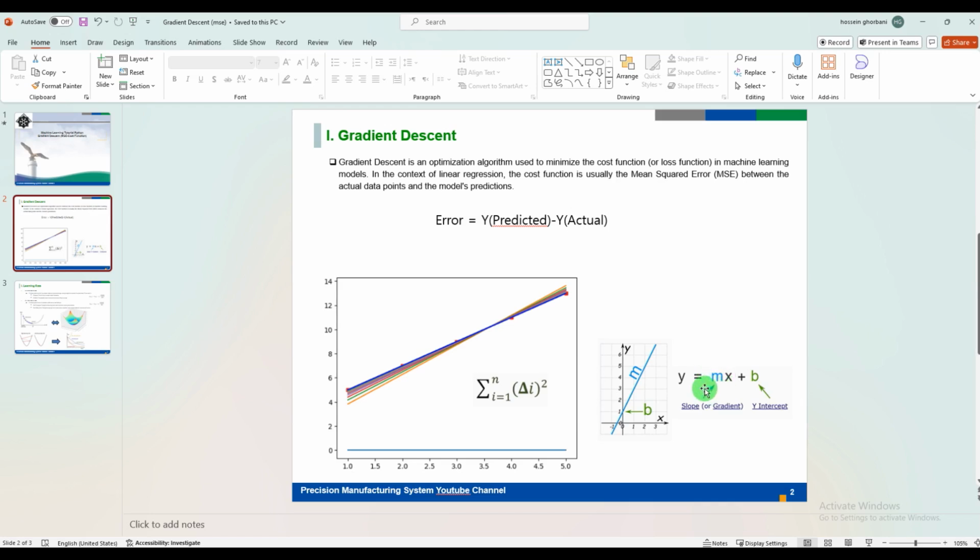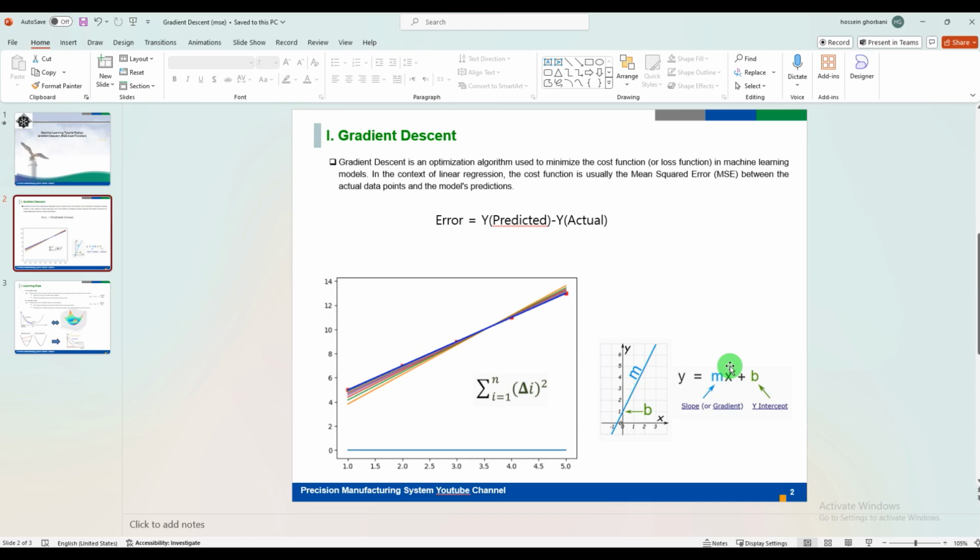This is the coefficient of our slope, and this is the intercept. Adjust the slope and intercept of a linear model. This is our linear model to minimize the mean square error by visualizing the prediction and various iterations.